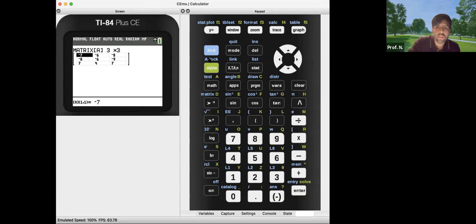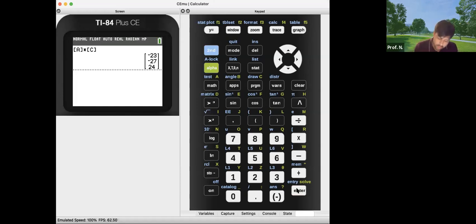That's my transition matrix. Then I'm going to create the 3 by 1 matrix that's already there for me. And my 3 by 1 matrix is 3, negative 1, 1. Then I'm going to multiply A, my transition matrix, by the column vector that I just inputted. And look what I get. I get negative 23, negative 27, 24.